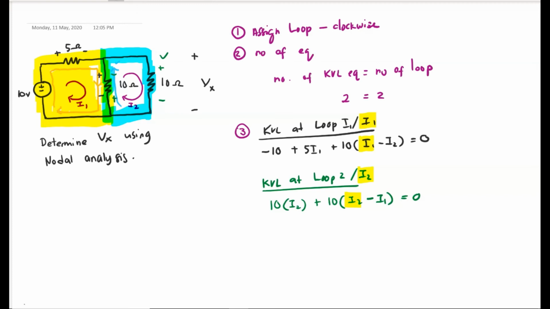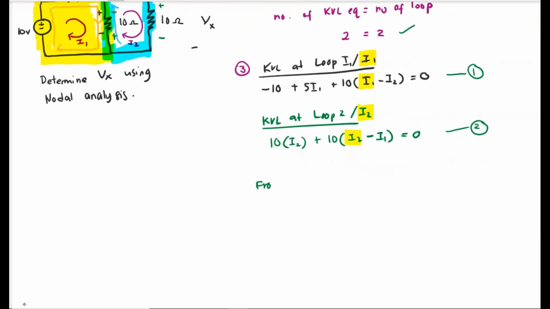So now, this is the equation for mesh 2. So this is the first equation, and then this is the second equation. Then you can solve this.